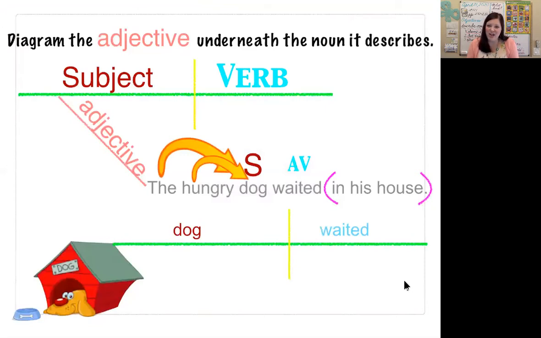The and hungry both give us more information about the noun dog. So we're going to draw two lines underneath dog. The will go first, and hungry will go next. I'll have another lesson coming up about why the is an adjective, so stay tuned.